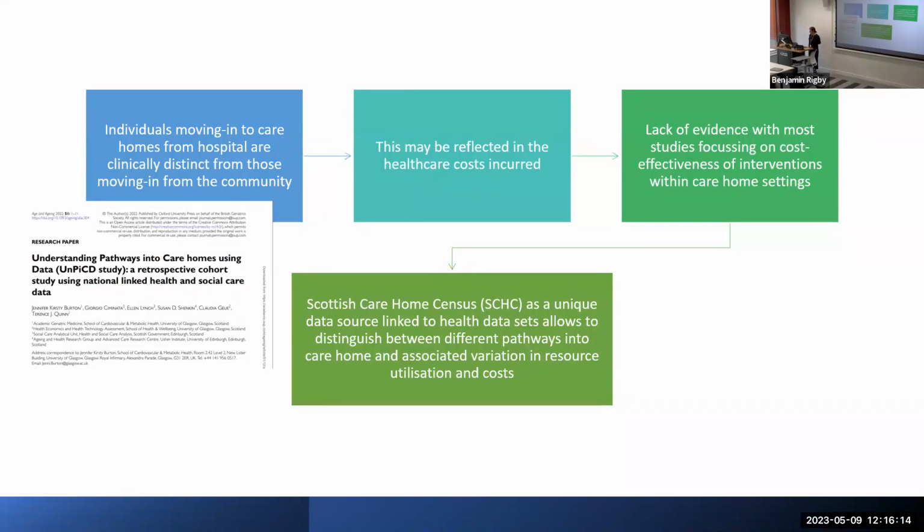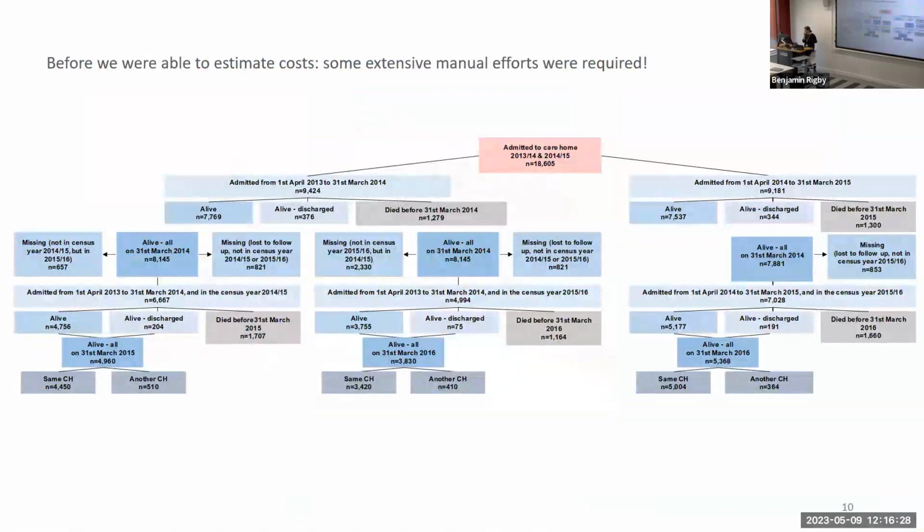As I already said, the Scottish Care Home Census has been linked to various health data sets, which allows us to distinguish between different pathways into care. And this is just to show you that in order to be able to analyze these data, there were some extensive manual efforts required, because we're using a census, so people appear in different years.